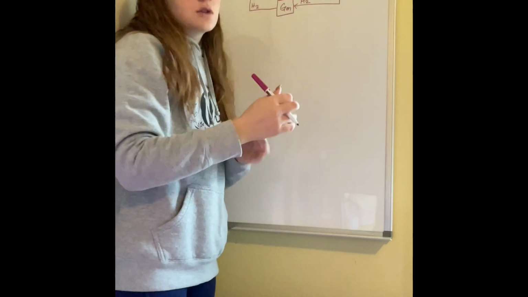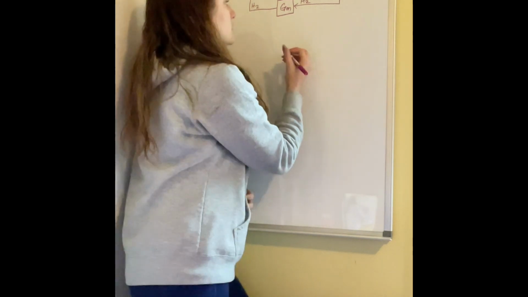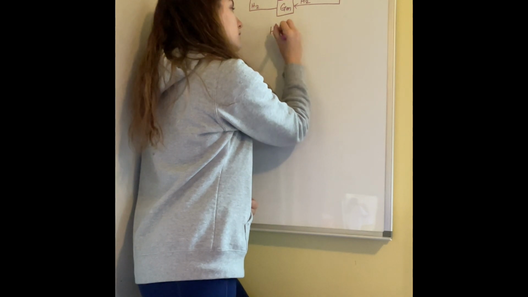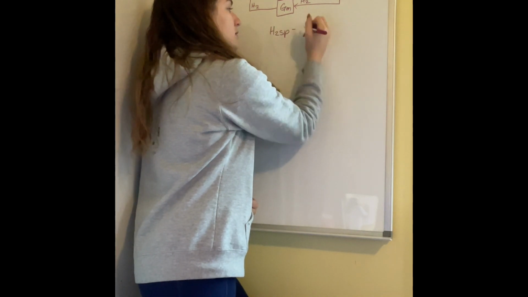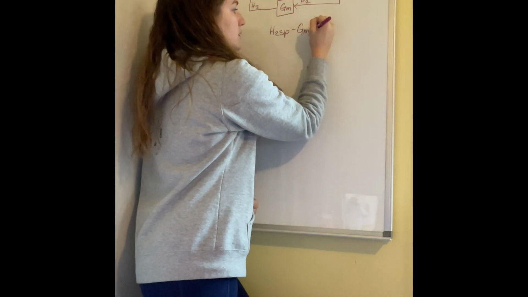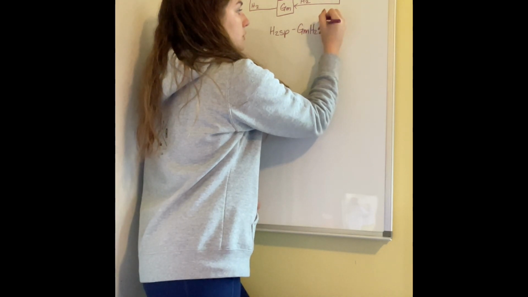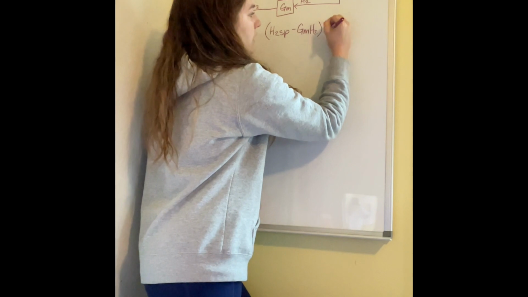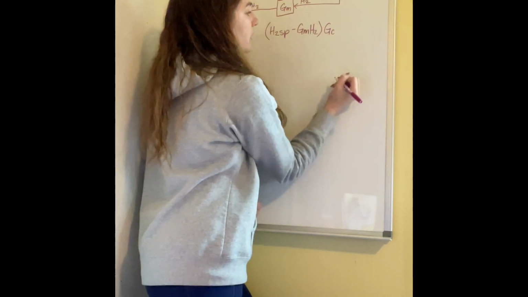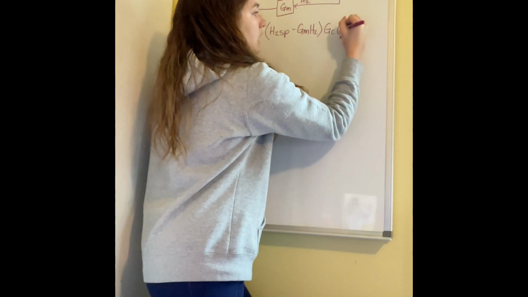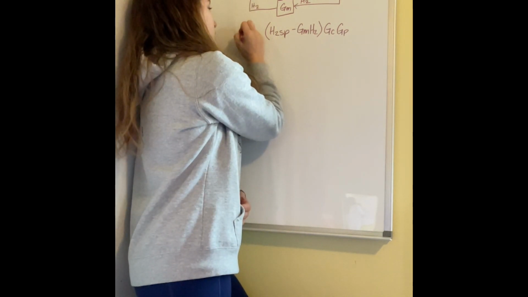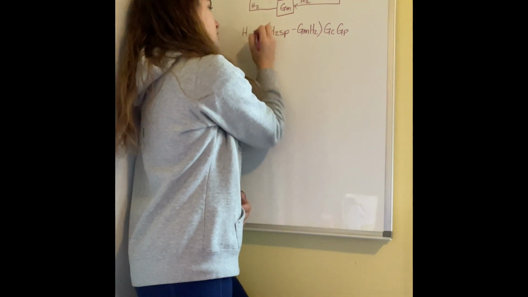So to find the transfer function of this entire system, we need to have our H2 set point minus our measurement device times our H2. That'll give us our error. And then the entire thing is multiplied by our PID controller GC and our process GP. So this is all equal to our H2.